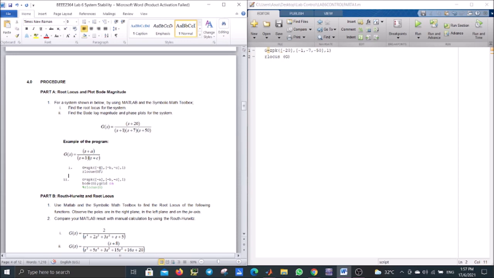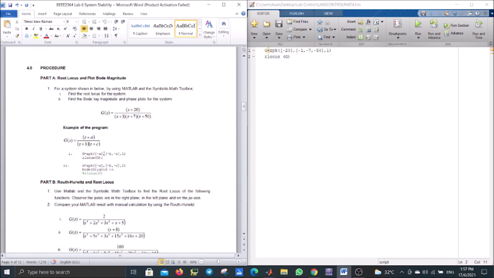So negative A is negative 20, and negative BC is the value of 1750. This is the code that I have done. Copy, paste, then you save and run it. That is for part 1, and for part 2 is over here.